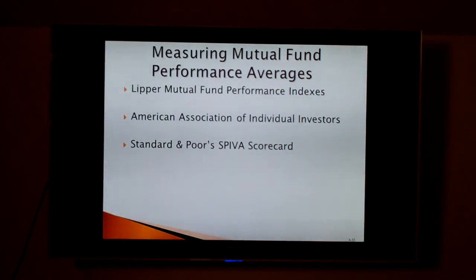There's been a lot of controversy about this over the last few years, about how they're judged and how the risk of a mutual fund manager is judged, but that's a topic that is too lengthy for this small of a lecture.